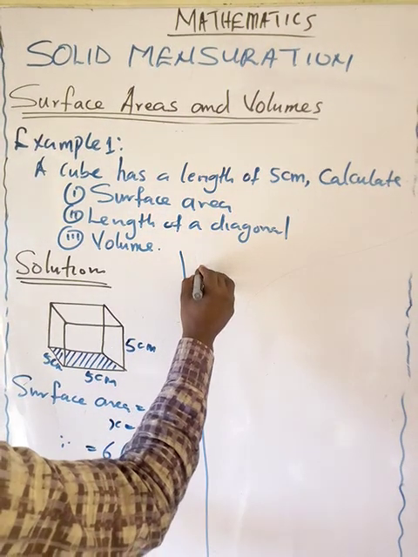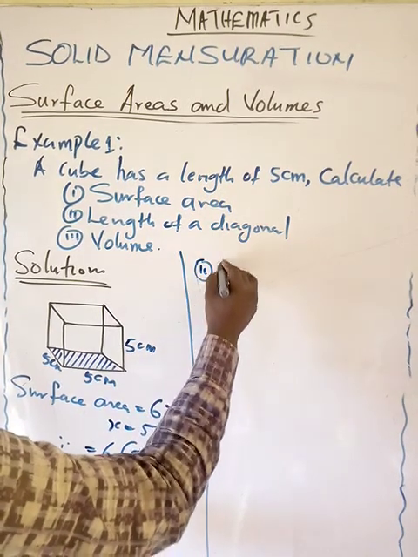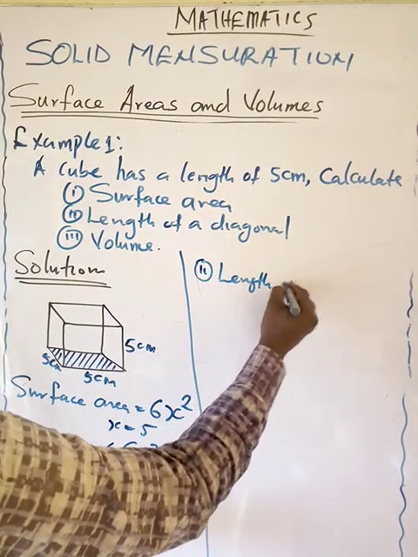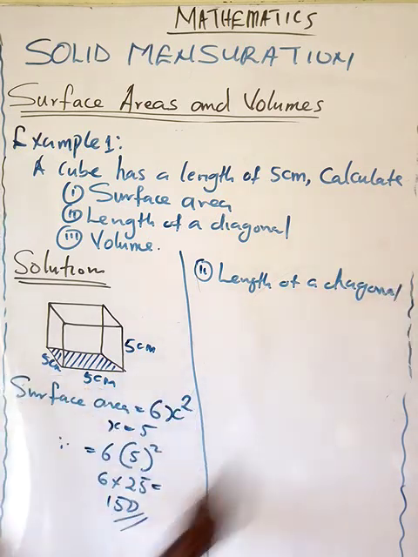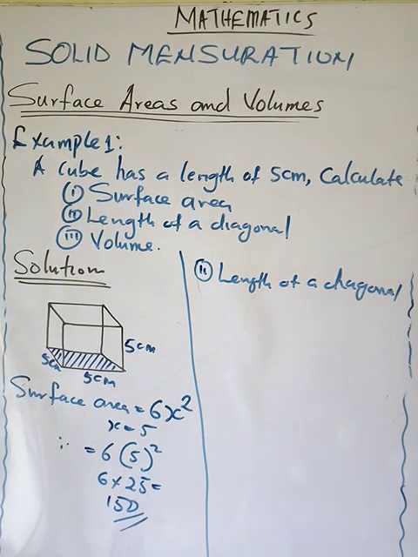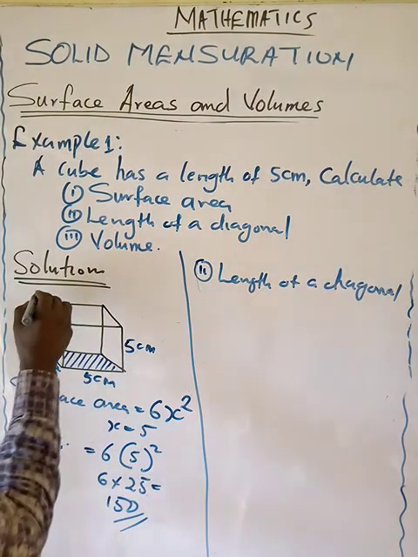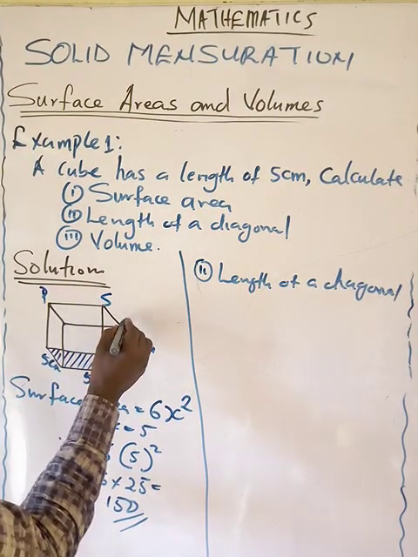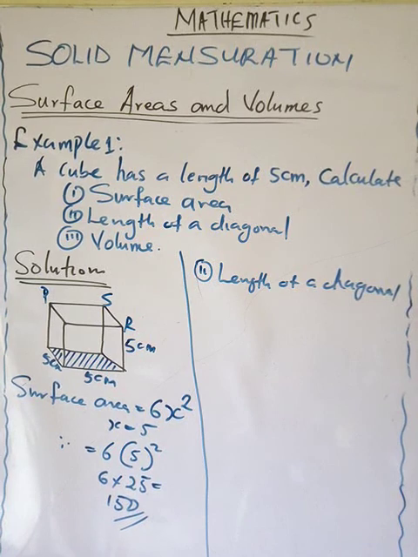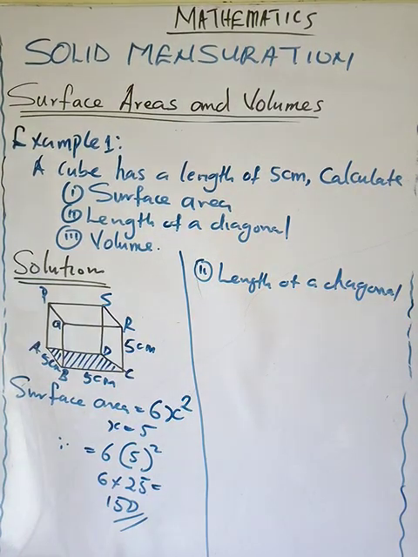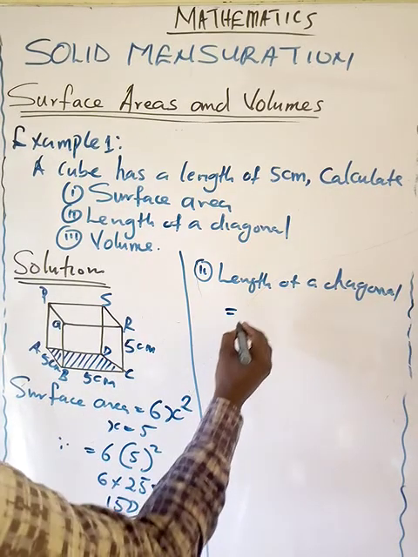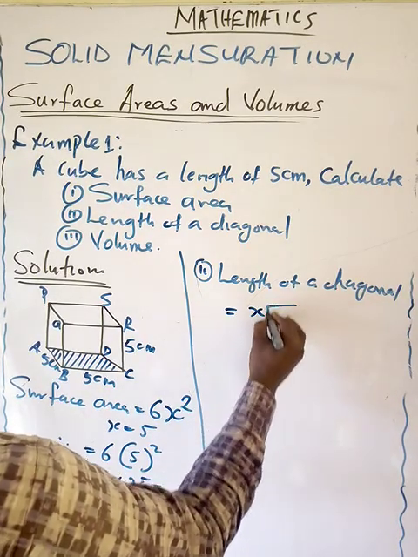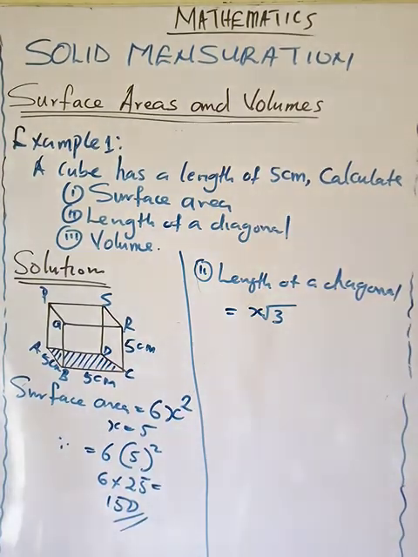Then the second question asks us to calculate the length of the diagonal. That is Roman figure 2. So how do we calculate that? Let's name this one P and this one R. Now the formula to calculate the length of diagonal is x root 3.